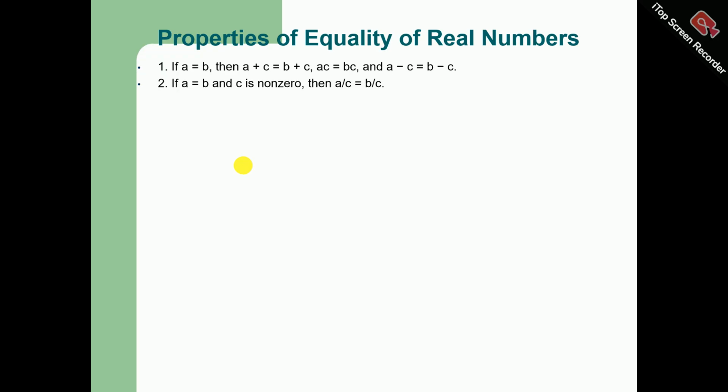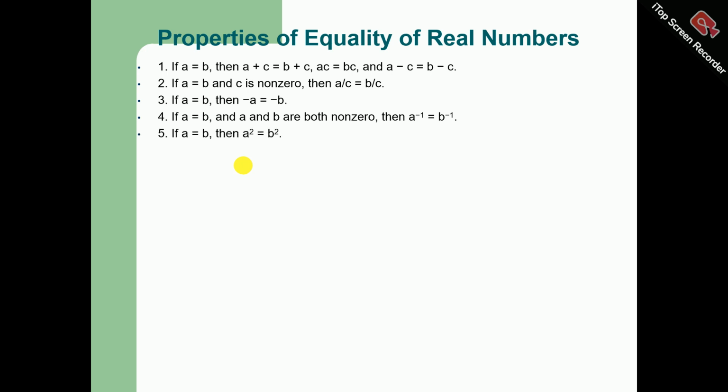If A is equal to B and C is non-zero, then A divided by C is equal to B divided by C. If A is equal to B, then minus A is equal to minus B. If A is equal to B and A and B are both non-zero, then A raised to the power minus 1 is equal to B raised to the power minus 1, or the reciprocal of A is equal to the reciprocal of B. If A is equal to B, then A square is equal to B square. That is, we can take the square of A and that must be equal to the square of B because A and B are equal to each other.